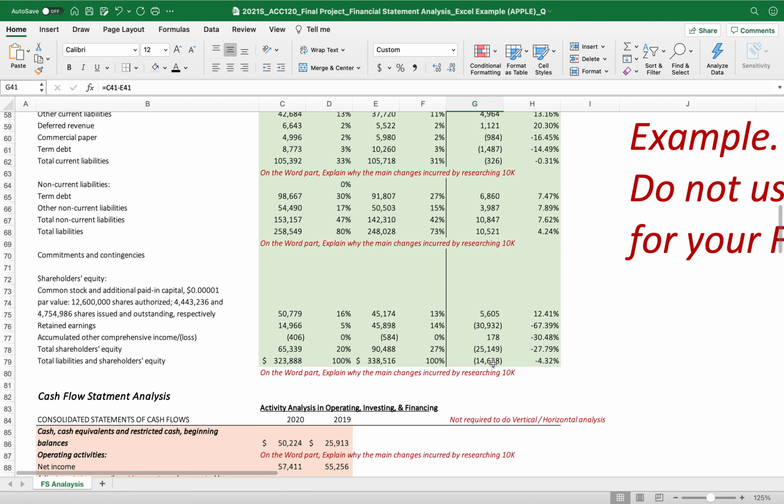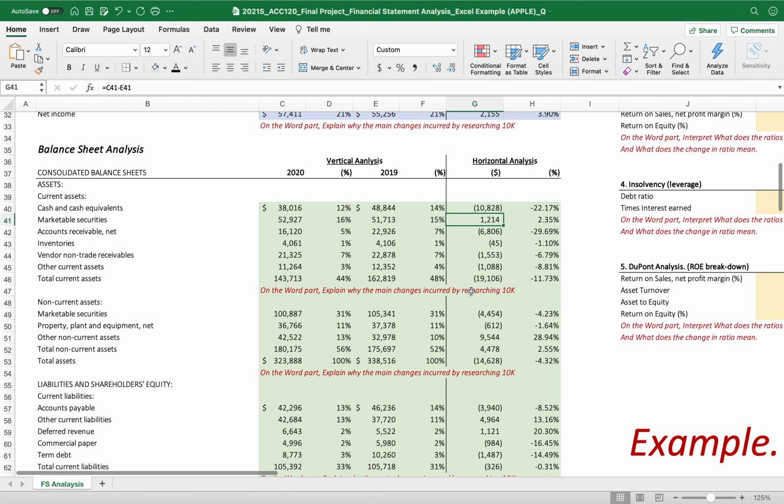Okay, and then total liability and shareholders' equity decreased. That shows just increasing and decreasing, but we want to know why and how those accounts have been decreased.